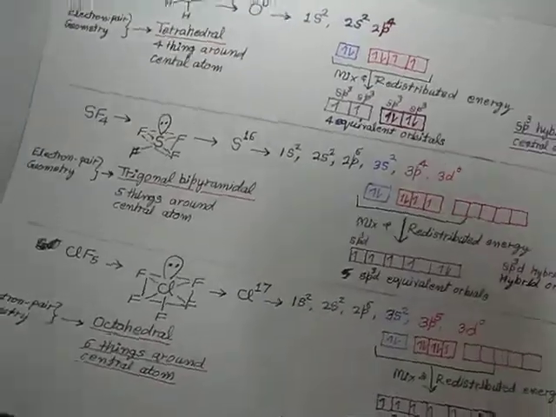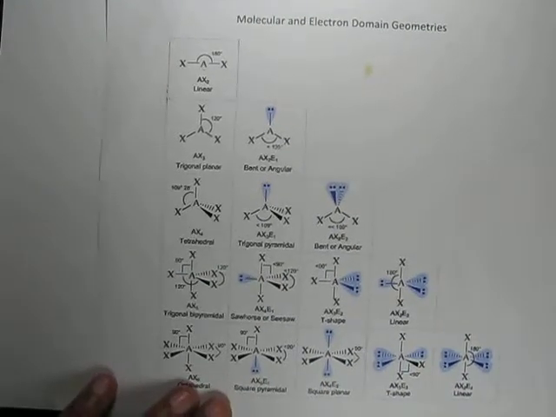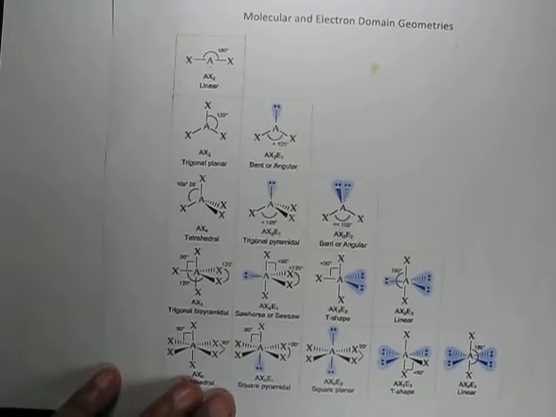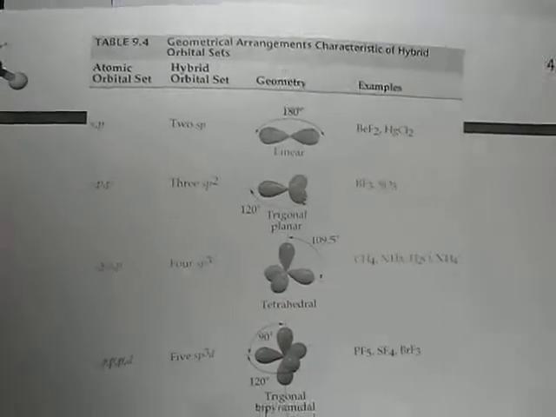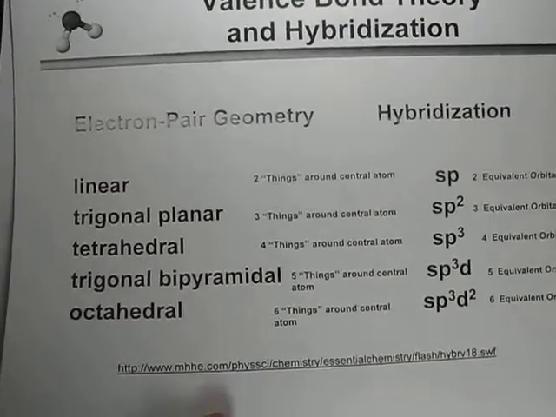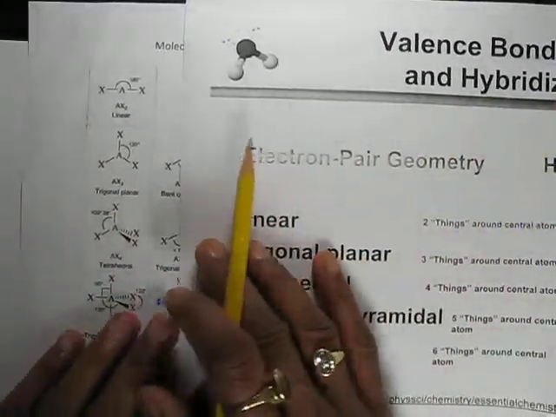electron pair geometry. So let's summarize once again. As we have seen in the previous slide, you can add the hybridization values also in this chart.